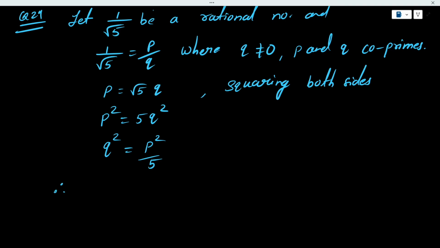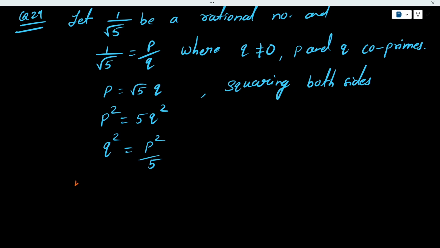What you can write here is: since 5 divides p square, therefore 5 will divide p as well, right? Any number dividing its square will divide the number itself also.